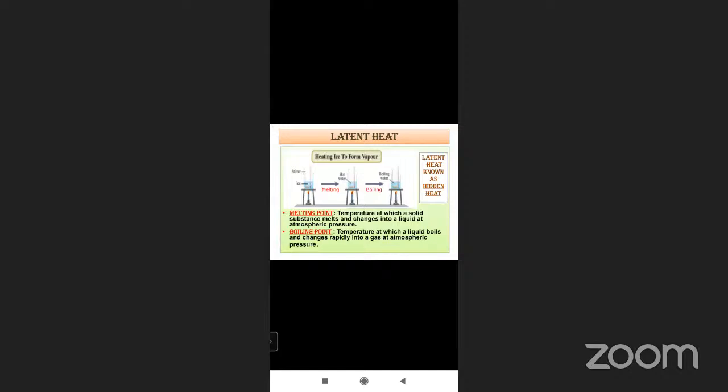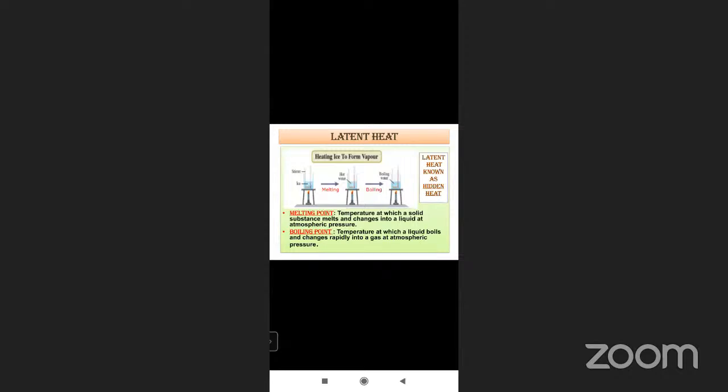Now we'll see further about boiling point. For that also one activity is given. Thus during transition of solid phase to liquid, the object absorbs heat energy, but its temperature does not increase. Remember this. Now during transition of solid phase to liquid phase, that is conversion from solid to liquid, what happens?